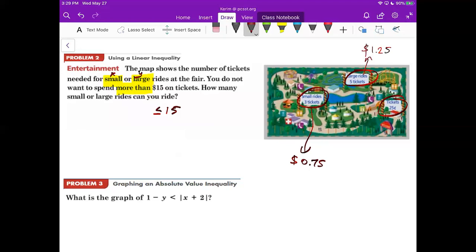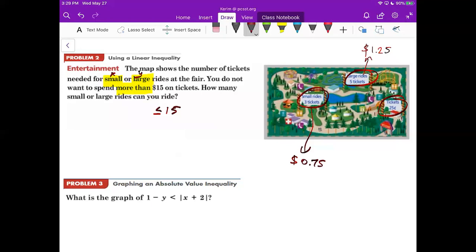I intentionally calculate these two numbers before writing my inequality, because I don't want to deal with the tickets. Small ride is 3 tickets, so I'd have to use 3x and 5y and then multiply by the price of the tickets, so it would be a little bit complicated. To eliminate that, I figured out how much the small ride and the large ride cost by using information in the image.